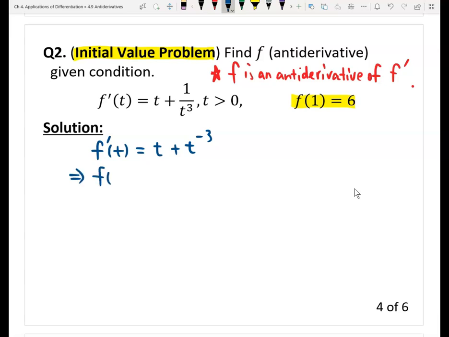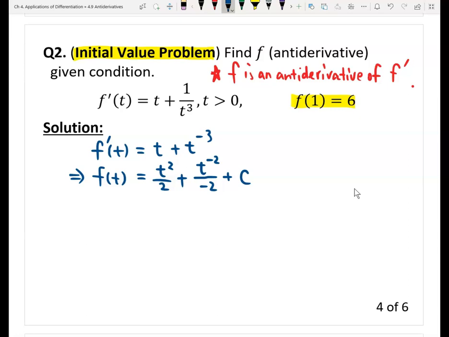What do we have? We have f of t, which is the antiderivative of f prime. The first term is t with the power increased by 1, which is 2, divided by the new power. And then plus the second term, where we increase the power by 1, which is negative 2, divided by negative 2, the new power, and then plus c.